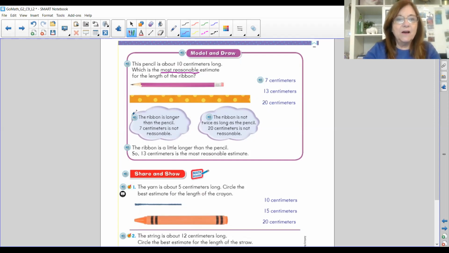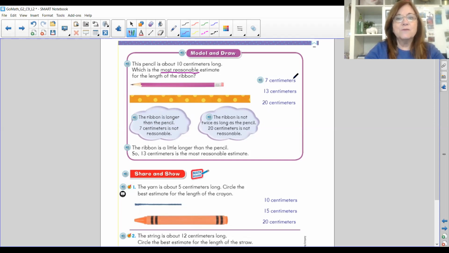And on the clouds, it tells us the ribbon is longer than the pencil. That's true. It's very important to be able to tell what's longer and what's shorter. So if the pencil is 10 and the ribbon is longer, 7 centimeters is not reasonable, because we know that the pencil is 10.